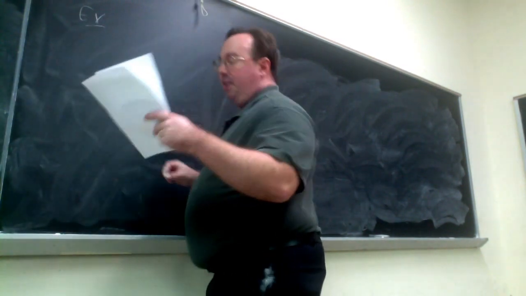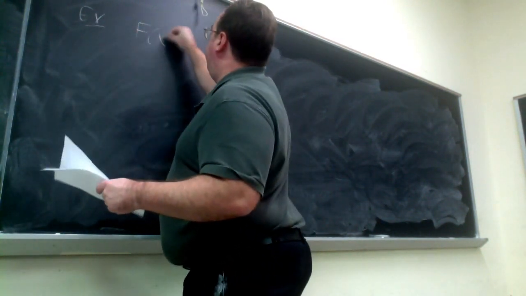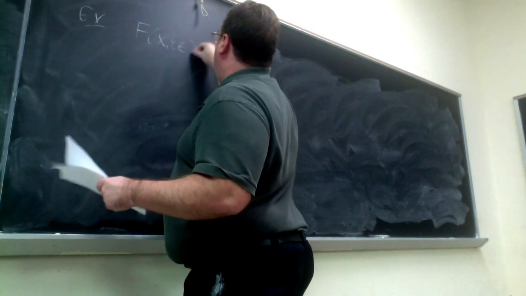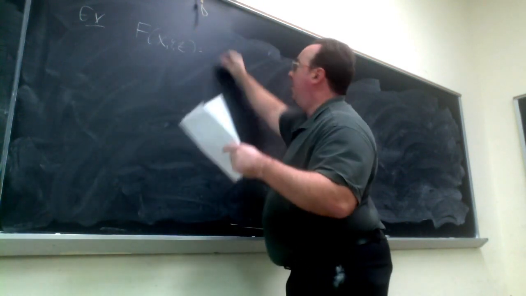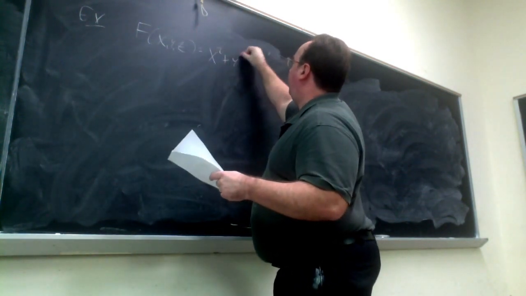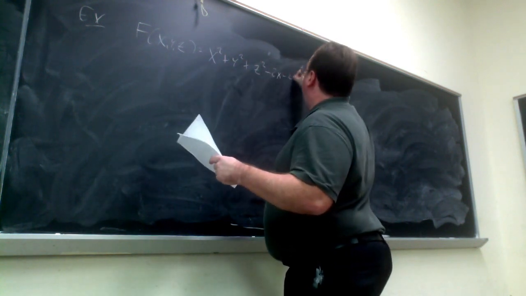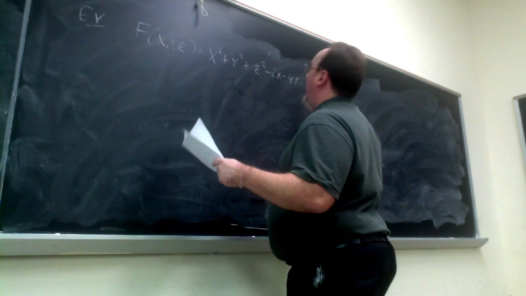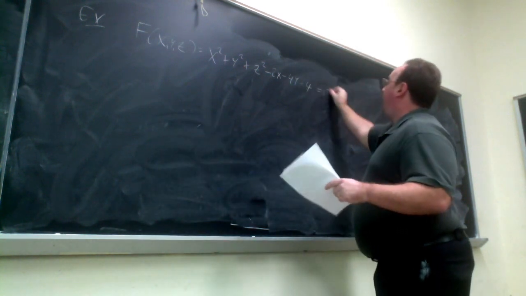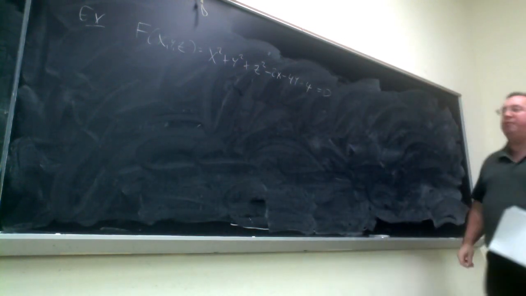Okay, so I'm going to have a function of 3 variables: x squared plus y squared plus z squared minus 2x minus 4y minus 4. And we set this equal to 0, so that describes a surface. Implicitly it describes z as a function of x and y.